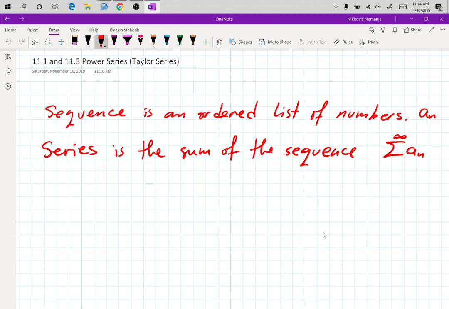So now the goal for us is to discover power series. Now, a power series is going to have an independent variable x in it.